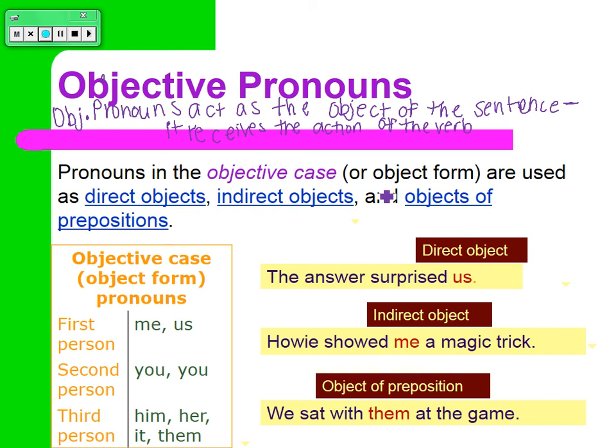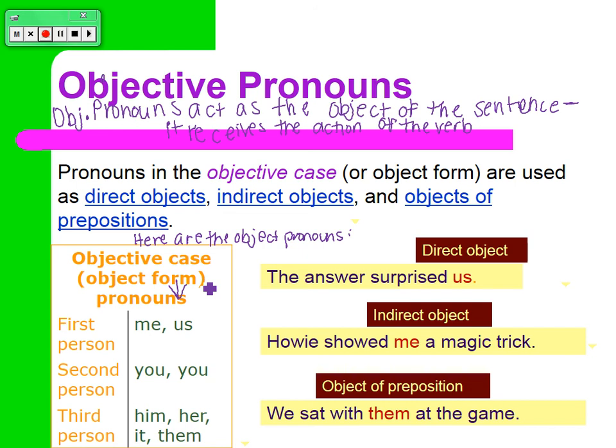Okay, and then you can write, here are the object pronouns. And then copy these down to your blank notes. Then we will fill out the gray charts together in just a second.